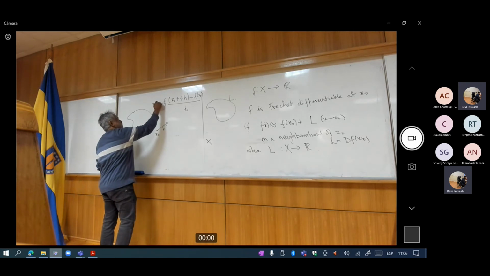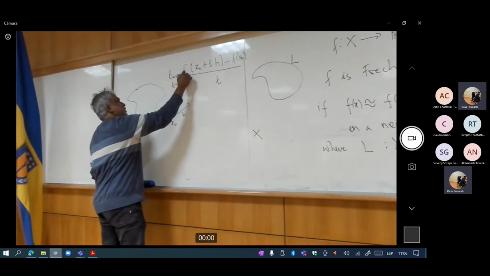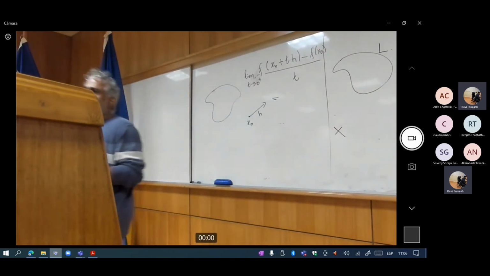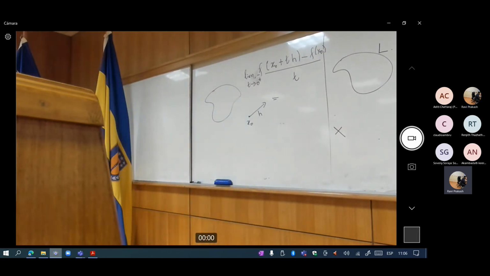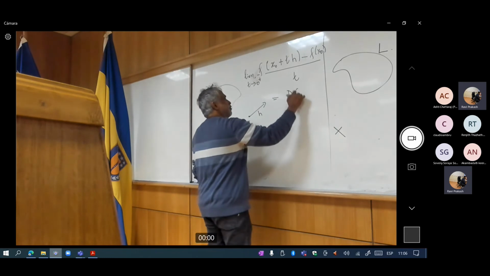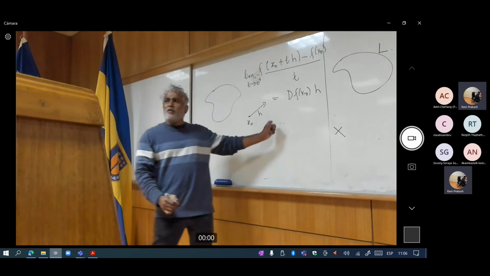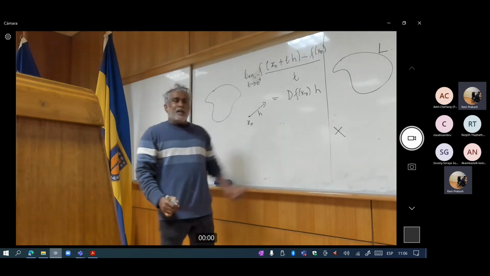So the limit as t tends to 0 plus will give you the directional derivative in the direction h when you take the point x0. So this will give you the df of x0 in h. So this is the way to calculate the local derivative.